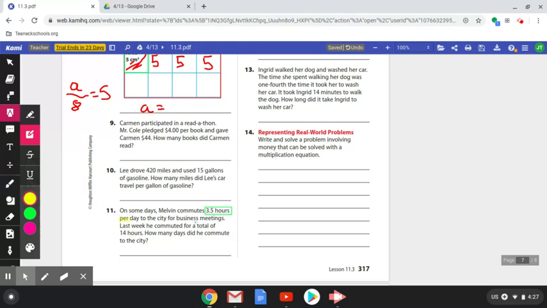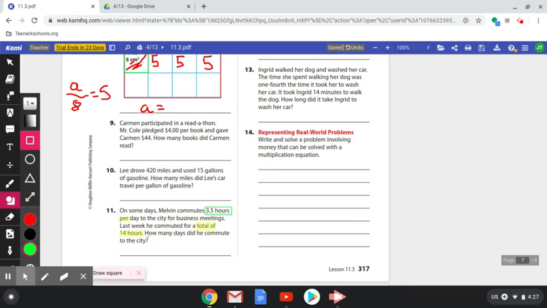They told us the total. Last week, he commuted for a total of 14 hours. Okay, 3.5 hours a day, and you got a grand total of 14 hours. How many days? That's what we don't know.